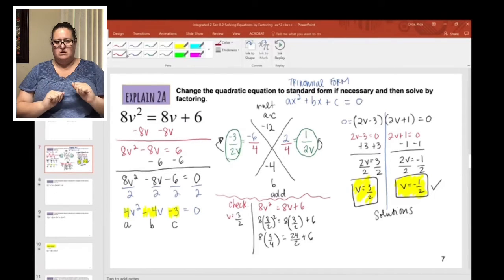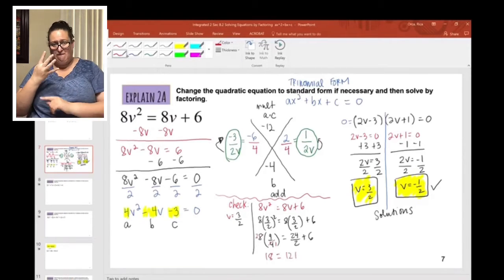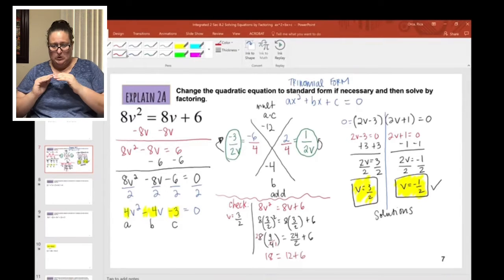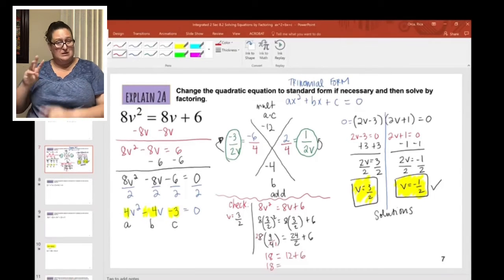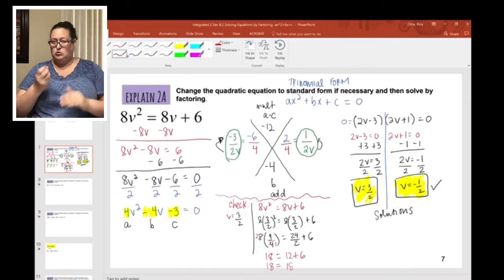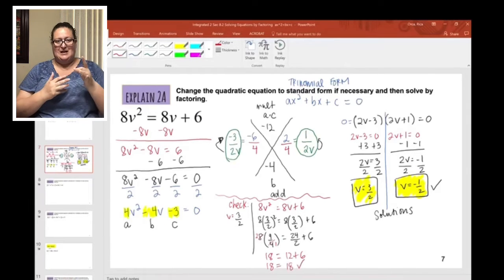I'll go ahead and simplify this. I know I can cancel out 4 and 8. 4 divided by 4 is 1. 8 divided by 4 is 2. So 2 times 9 is 18. 24 divided by 2 is 12, and that's 12 plus 6. 18 equals 12 plus 6 is 18, and notice how it checks. 18 equals 18, which means that v equals 3/2 is a solution.